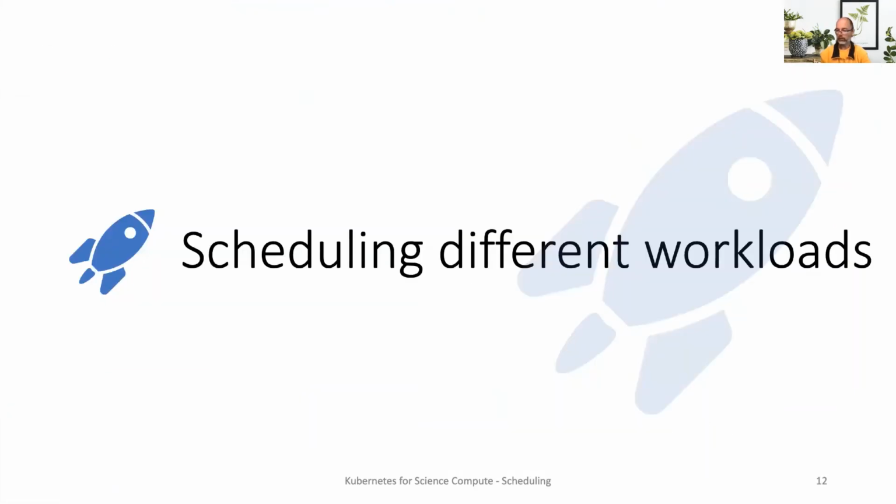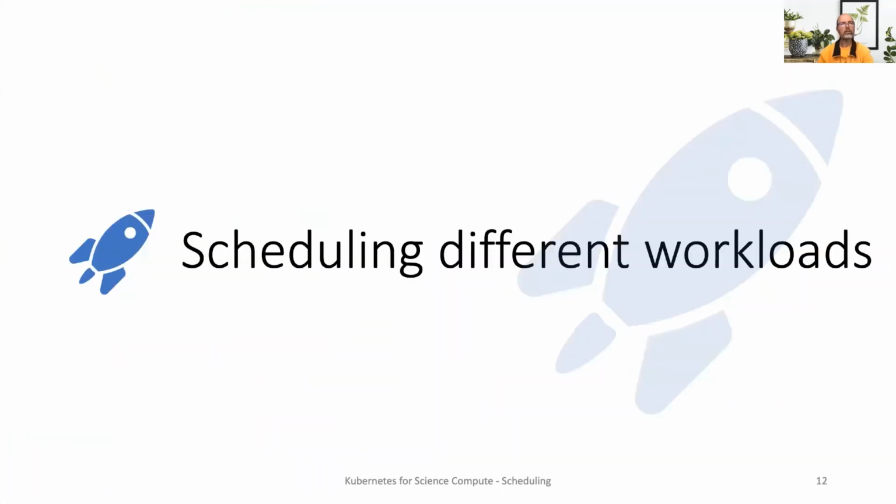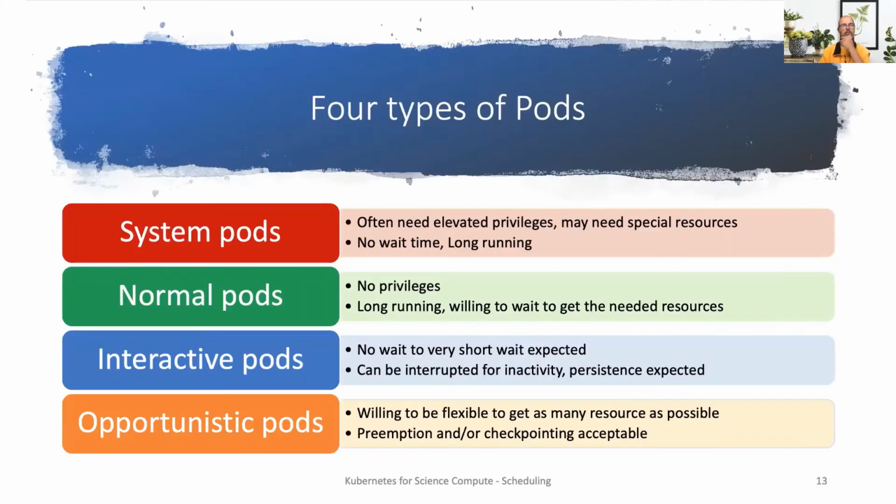Now, those are discrete requests, but sometimes you get into a situation where you have more requested resources than available, and in those cases, distinguishing different types of workloads can be useful. For our purposes, we can think of the workloads that run in a Kubernetes cluster as 4 categories.